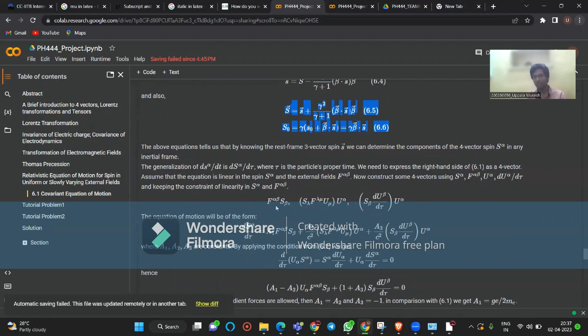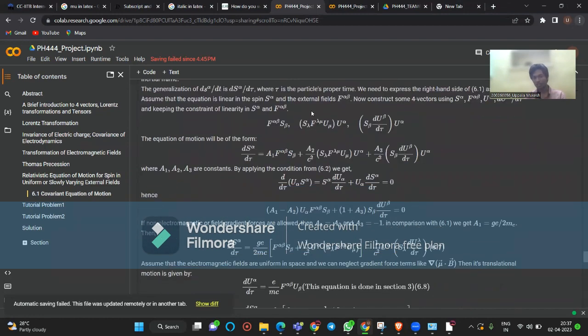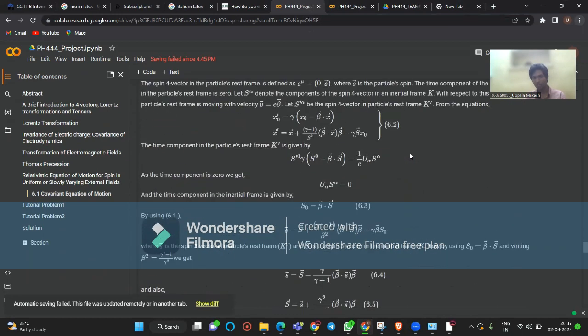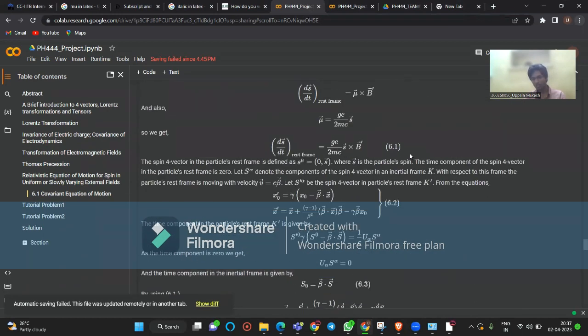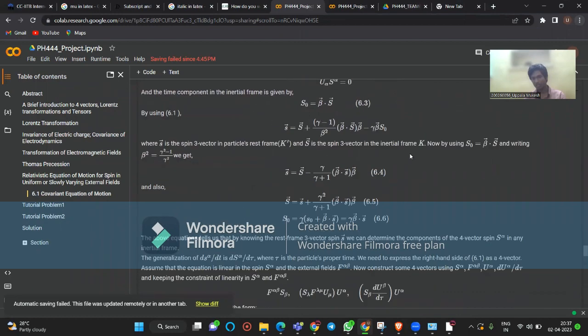We considered some 3-4 vectors. These are given by this, and now we are saying that your ds alpha by d tau can be written in terms of these four-vectors, and the equation is given by this. And now we are applying the condition of 6.2.